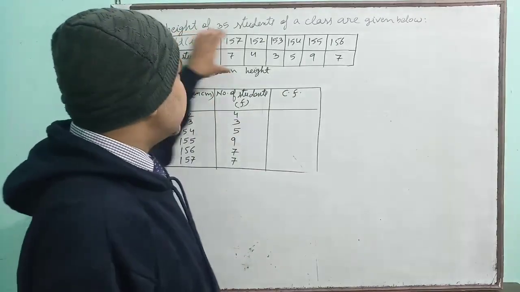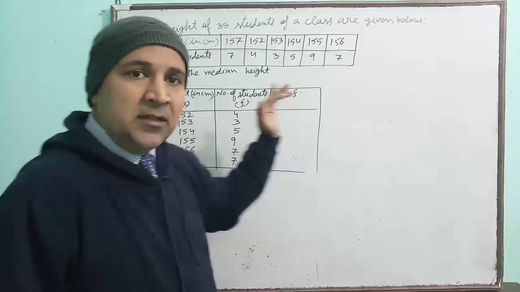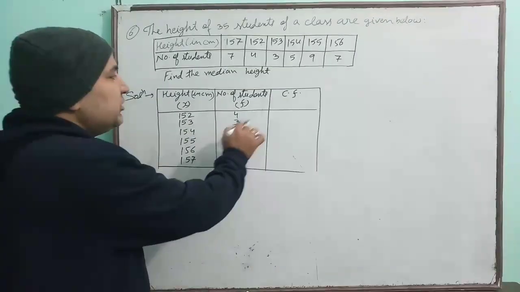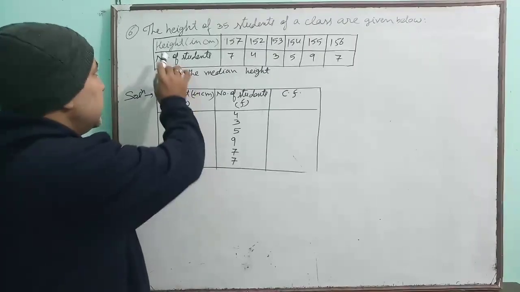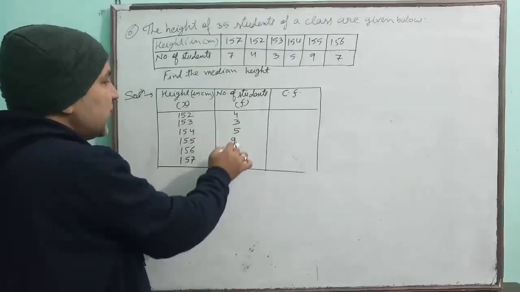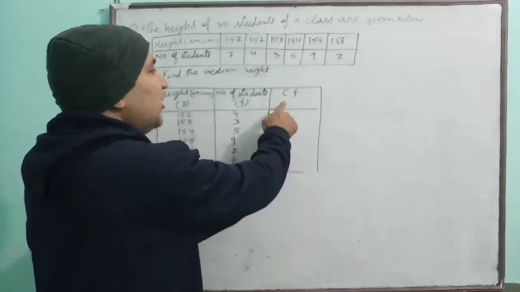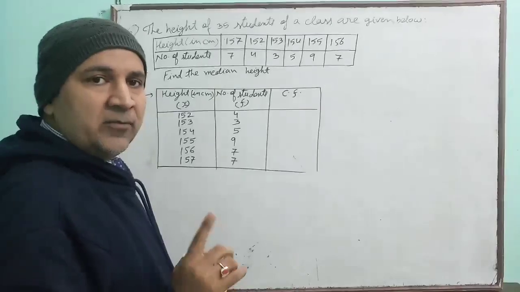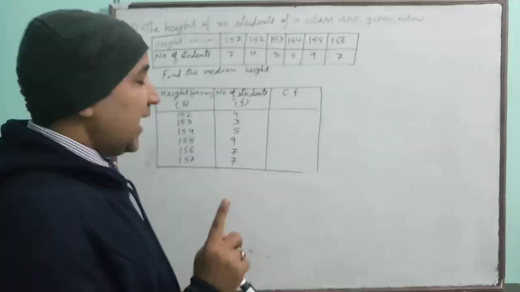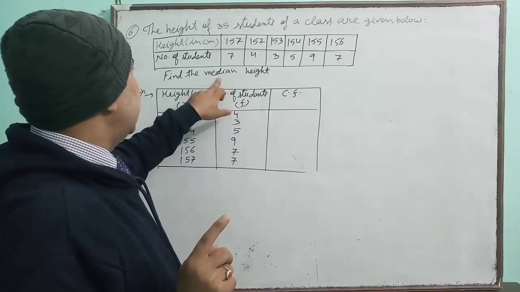Children, if this type of data is given to you and you have to find the median, then again you will make 3 columns. One for observation, that is the height. Second is for frequency, that is the number of students. And the third column will be cumulative frequency. And one more important point here.